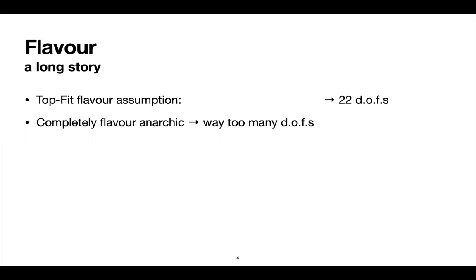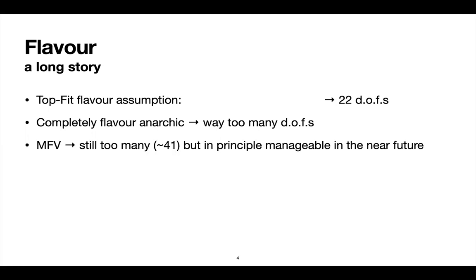There is no way we're going to be able to include all of them in a global fit and have enough measurements in order to pin down or to resolve everything fully. So we have to somehow choose a middle ground, and the way we go is MFV, minimal flavor violation, that Felix has also introduced very nicely.